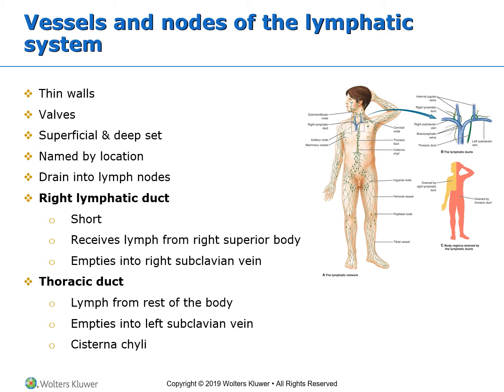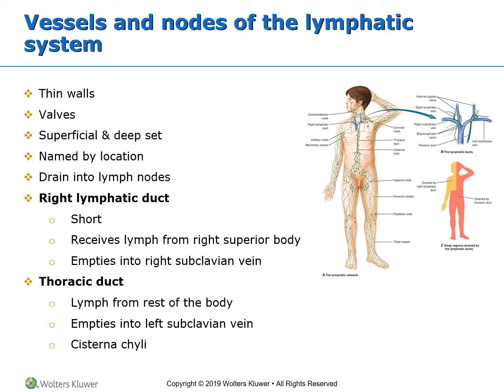Both of those will eventually empty into the bloodstream close to the heart. I will describe both of them in a little bit more detail. We have the right lymphatic duct, which is a short vessel, not longer than about half an inch, that receives only the lymph that comes from the superior right quadrant of the body.